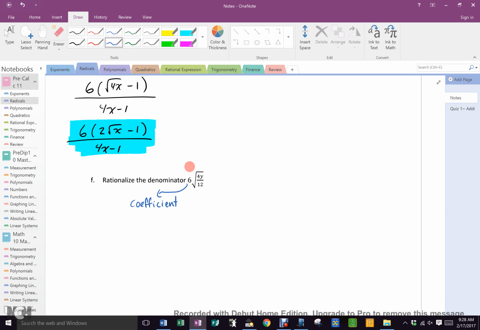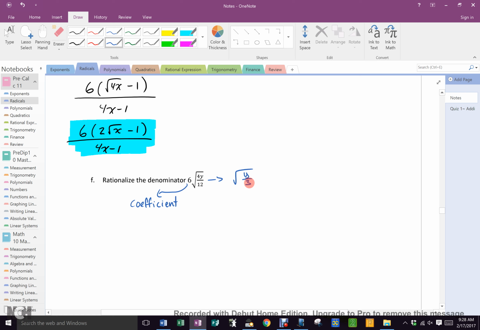Multiplying it, yes? So 6 times this. Now, what is happening over here? What is that really? You could do it that way, sure. So this becomes the root of y over 3. Are you guys happy with that?